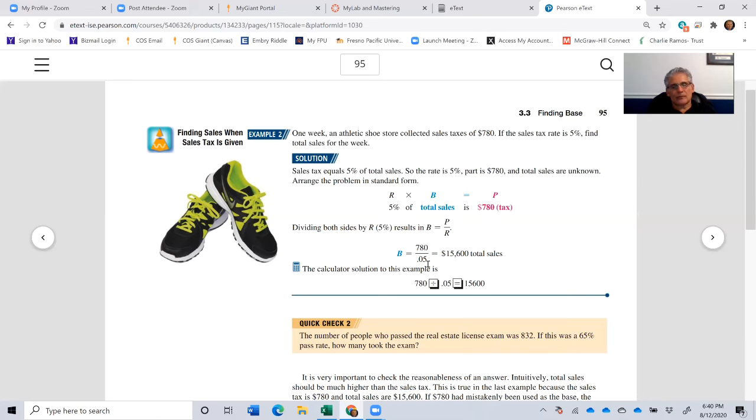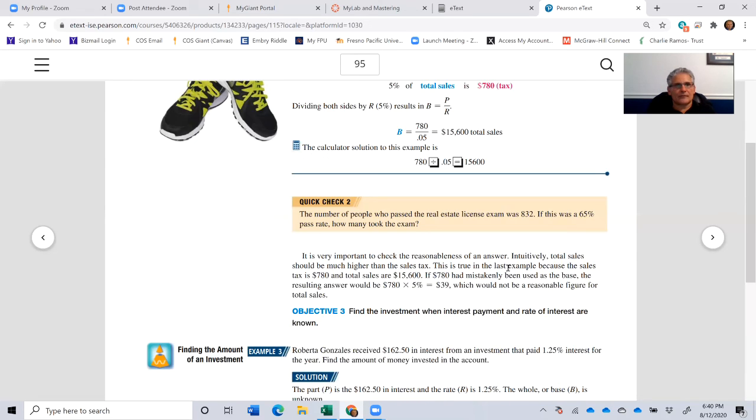If we run those numbers, B is equal to 15,600. See if that makes sense, because the part should be smaller than the base, right? So if the total sales were 15,600 and we're looking at 5% of it, then that does make sense. It ends up being 780. So the total sales, the base, is equal to 15,600.